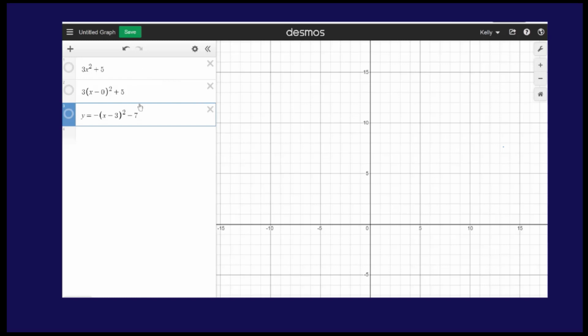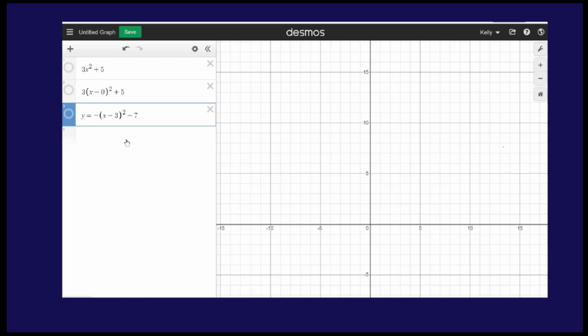I've listed all of the equations here first, and we talked about on the slide how this 3x squared plus 5 is similar to this vertex form, which is 3 times (x minus 0) squared plus 5, and they are. So let me just go ahead and unmute this, and you'll see that they're the same equation because the purple went right over the green. But let's go ahead and mute the purple because that's not what we're actually checking, and then let's use the information we have from these and start plotting points, okay?